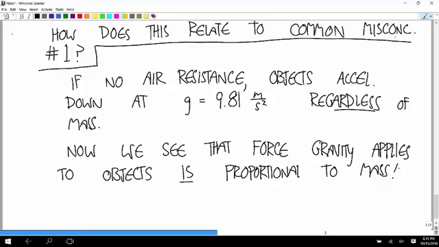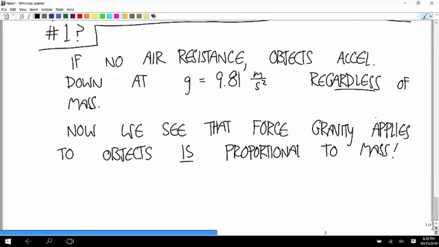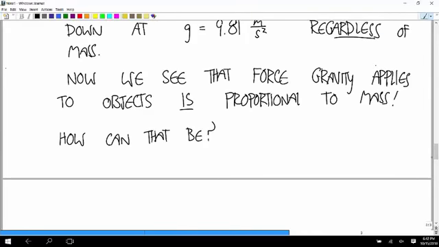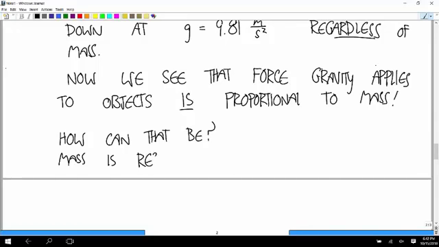It seems like sort of a paradox at first, before you've thought about it this way. But both of these two things are true. Gravity does apply a bigger force to things with more mass, but gravity doesn't make things with bigger mass accelerate more. So how can that be? The answer is mass is resistance to acceleration.